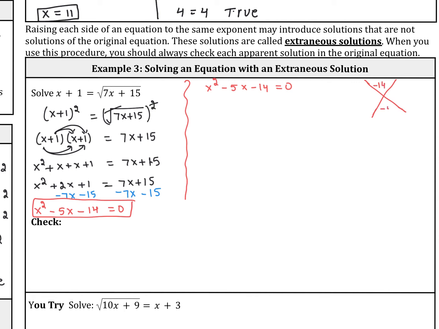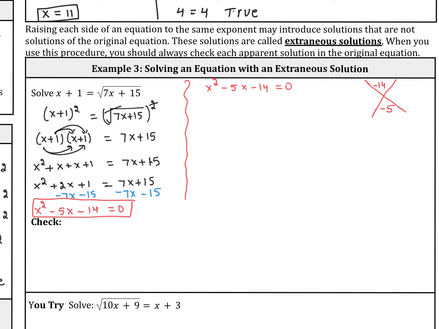On the bottom is negative 5. You're looking for two values. When you multiply these two, you get negative 14, and when you add them, you get negative 5. So you're going to use this cross to find out what those two values are.